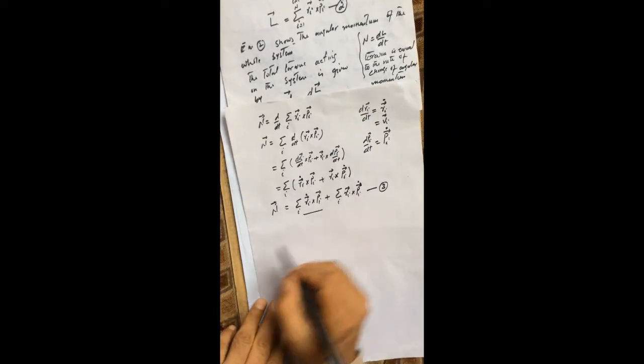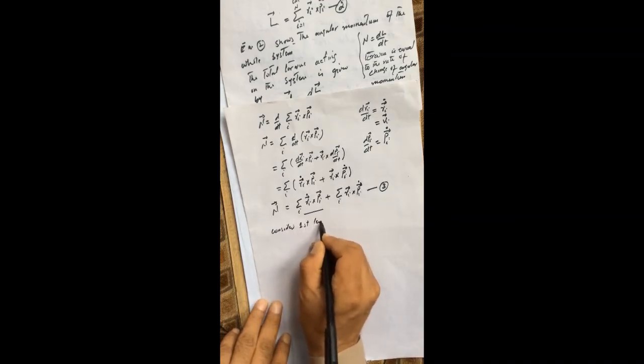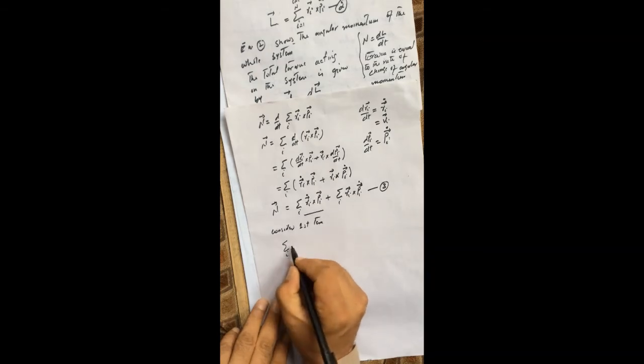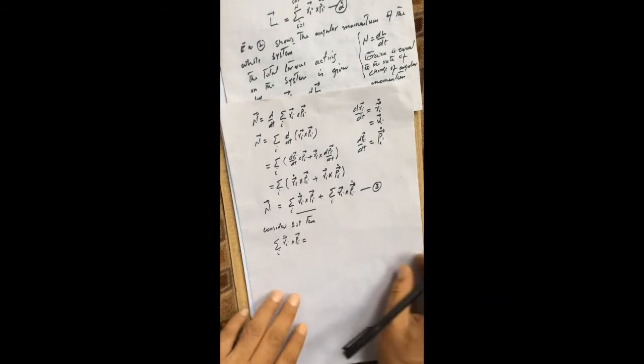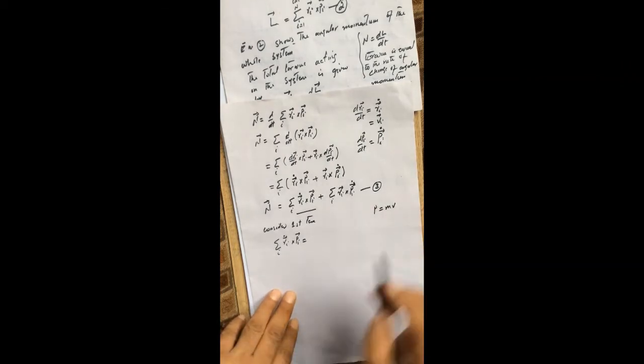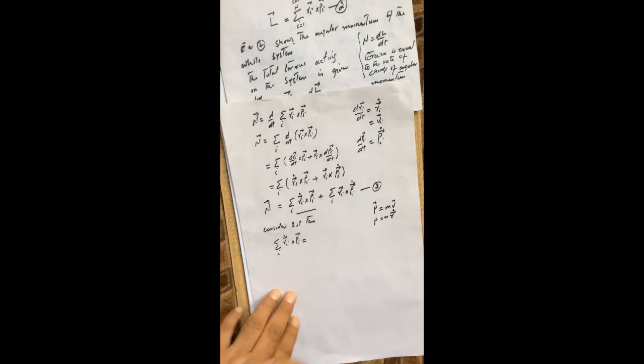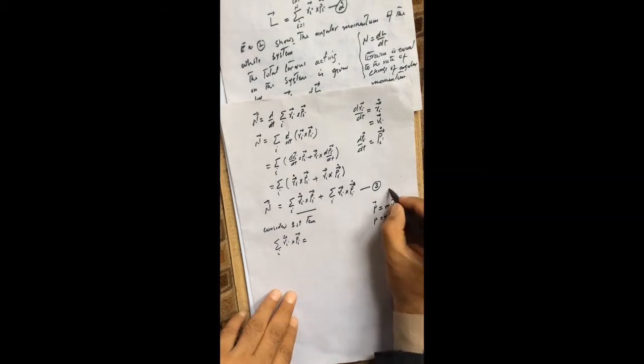Now here I will consider the first term, which is sum over i of ri dot cross pi. We know that momentum p is equal to mass times velocity, or mass times r dot, because velocity is dr over dt.